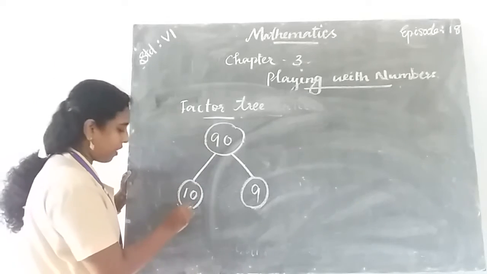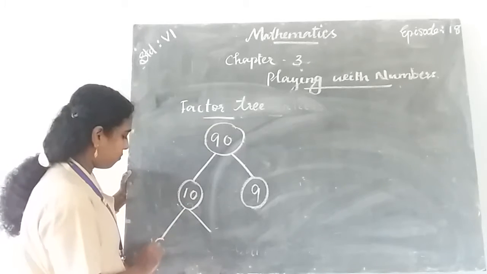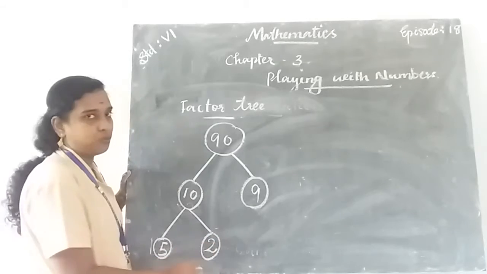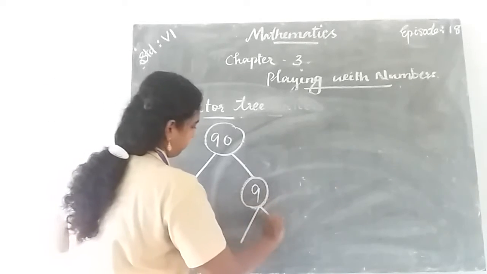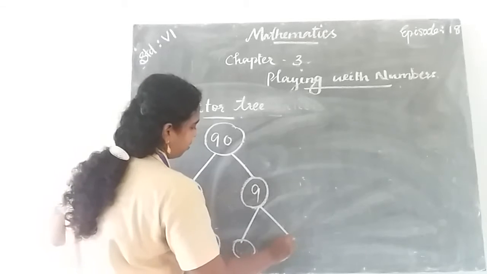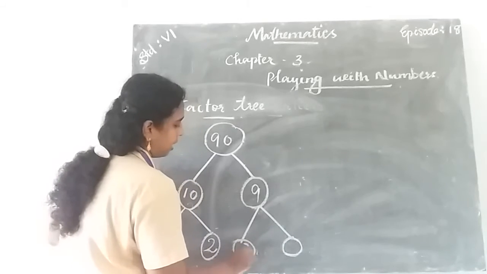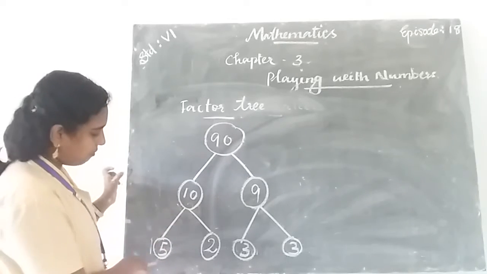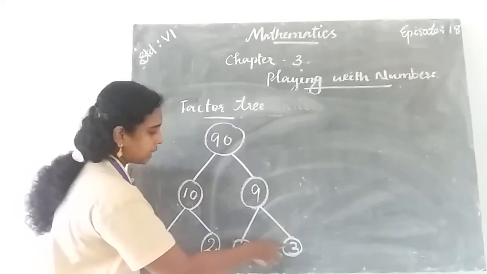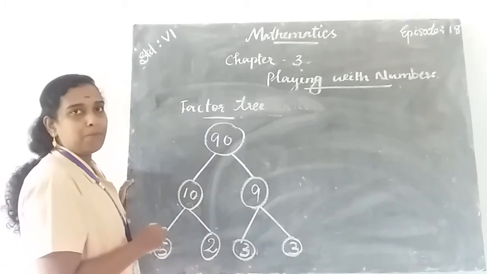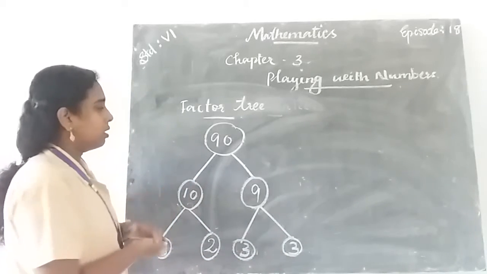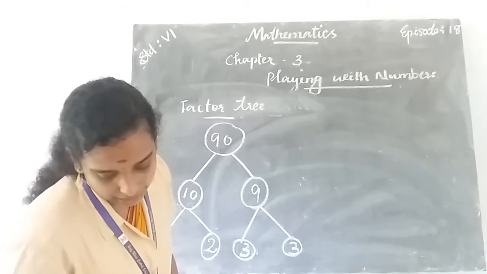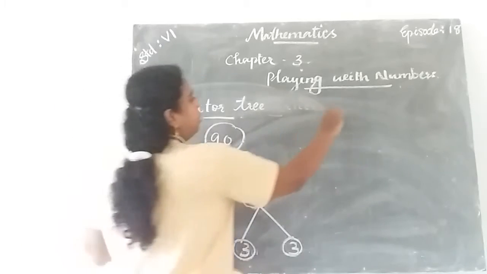Then 10 can also be factorized as the product of 5 and 2, and 9 as 3 into 3. Here we can see that in the last step we get 5, 2, 3, 3. These are prime numbers, so we can stop here. And this is the factor tree of 90.